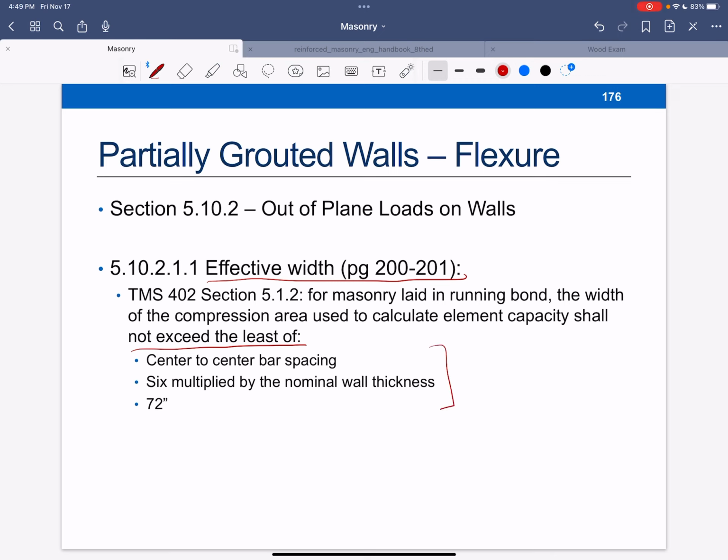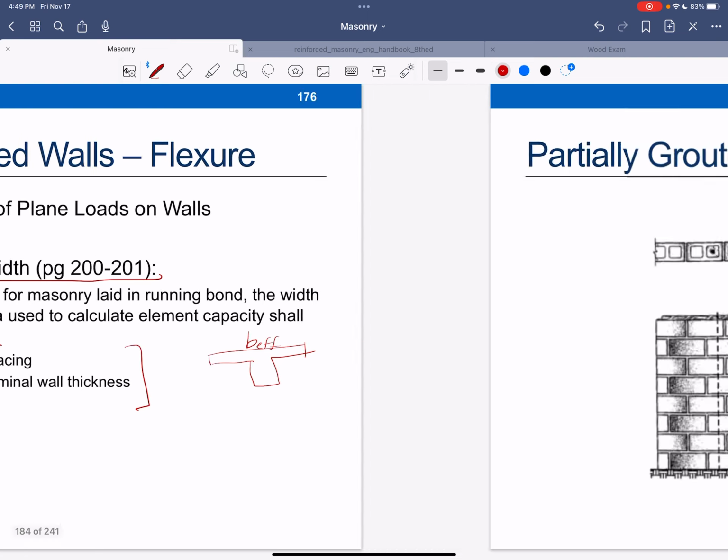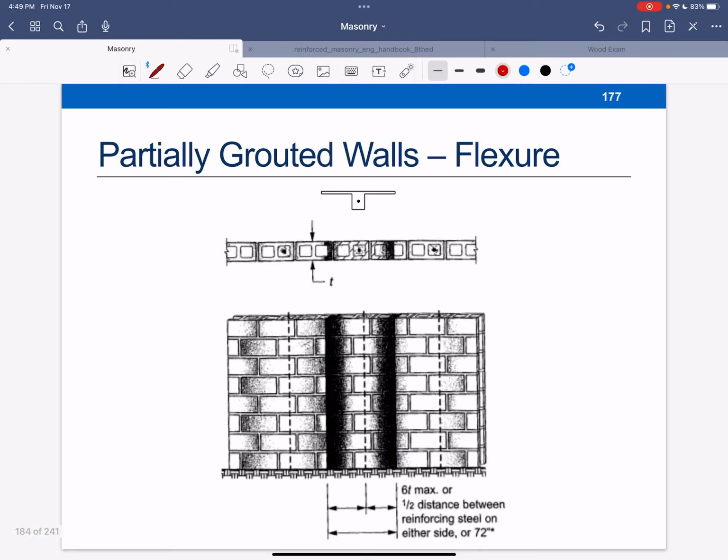So I look at these three, pick the smallest one, and that is the effective width of my T-beam. This is what we would have called it in the reinforced concrete class. You can see the example of what we're talking about, and they have a picture in that handbook that just describes the choices for effective width.